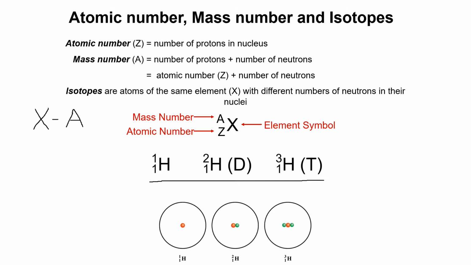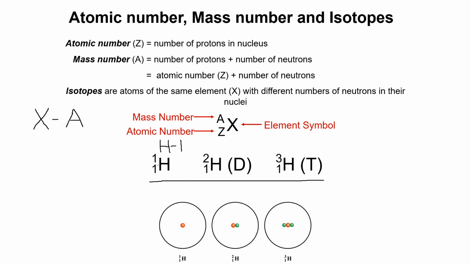In other words, we could write the isotopic symbol for protium, which is what this is called, and it is the most abundant isotope of hydrogen.